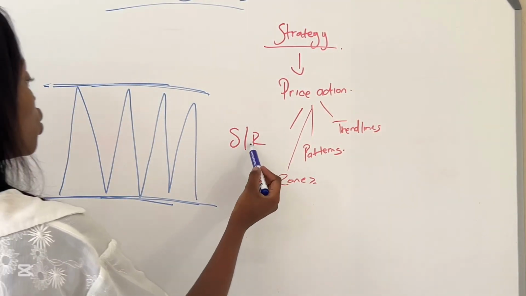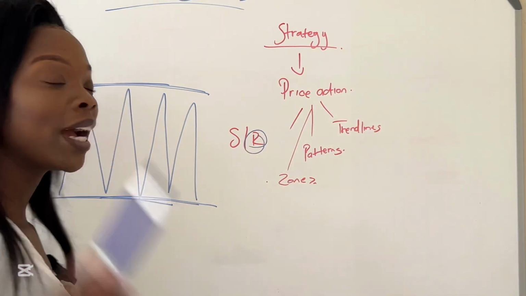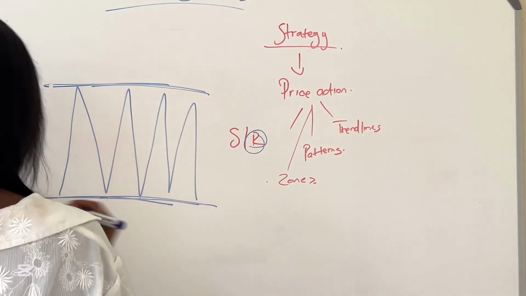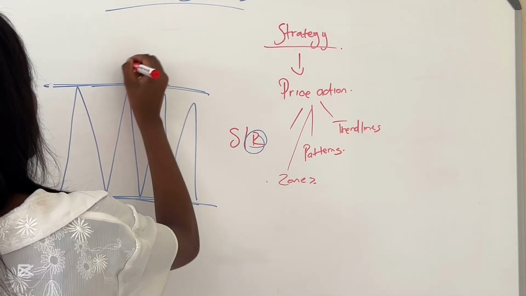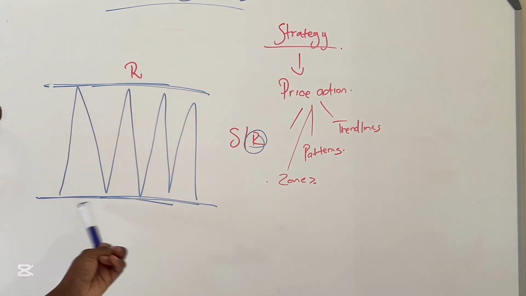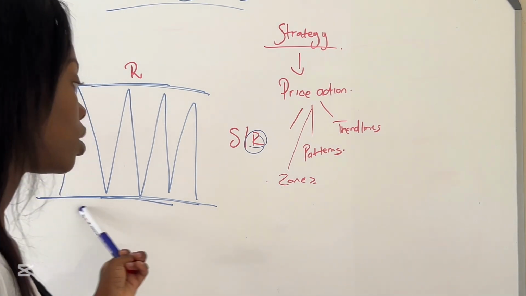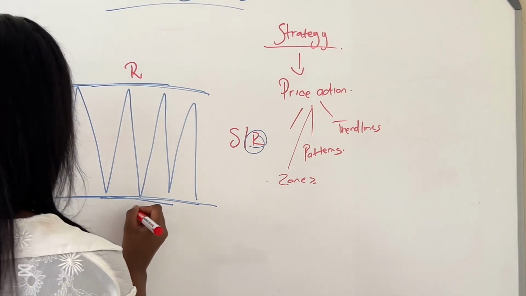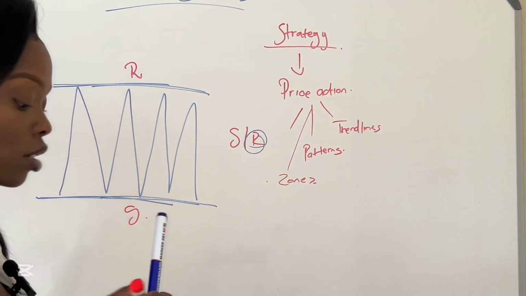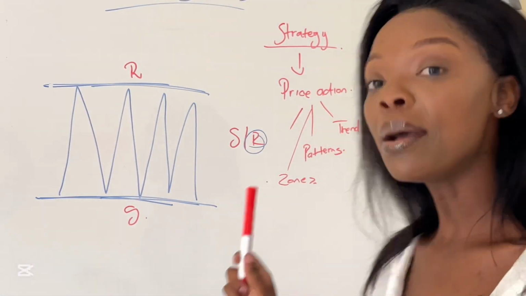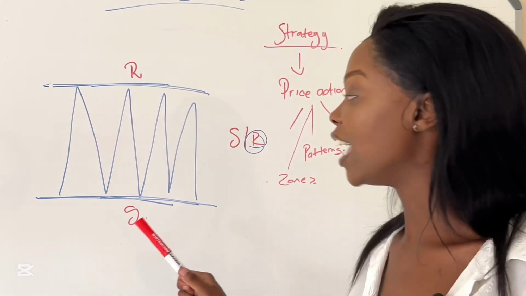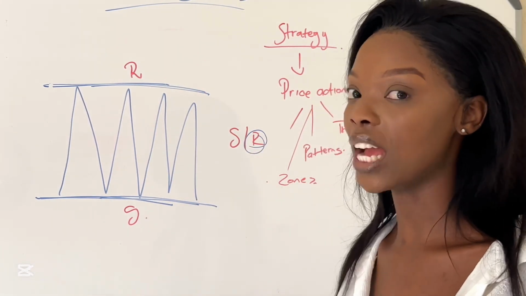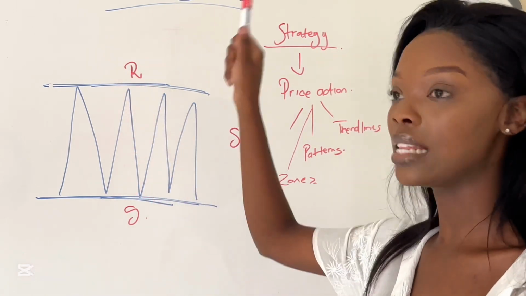Use resistance to mark your highest level, and use support to mark your lowest level. So support and resistance are basically zones that determine your highest level on your chart and your lowest level on your chart. Support low, resistance high.